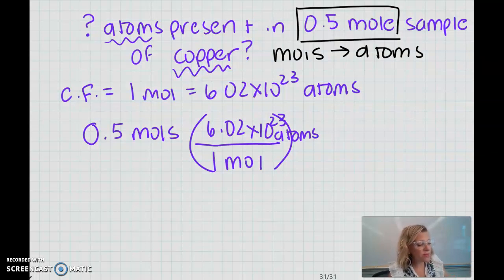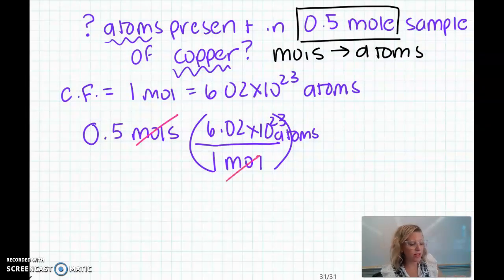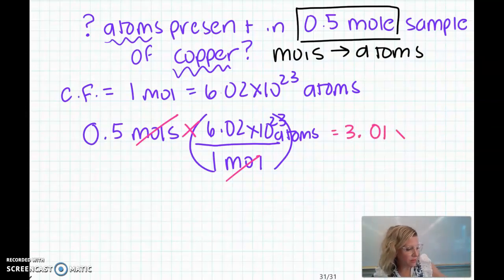Now, the beauty of dimensional analysis is that just by putting our units there and canceling our units, we see that this is just a multiplication problem. So 0.5 times 6.02 times 10 to the 23rd. What do we get here? We end up getting 3.01 times 10 to the 23rd.